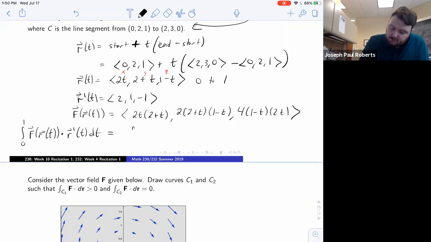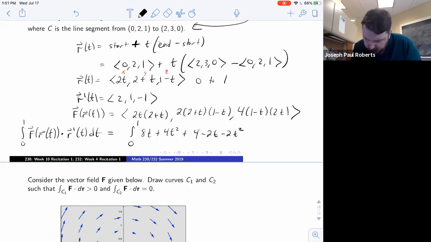So if I do that dot product, what is this going to be? 8t plus 4t squared plus, well, this is going to be 4, so it's going to be plus t minus 2t, so minus 2t squared, looks like. So yeah, that's 2 plus t minus 2t, so minus t squared, so minus 2t squared.